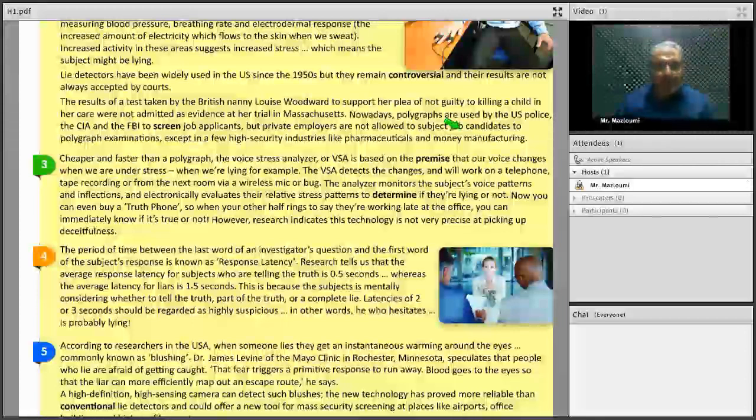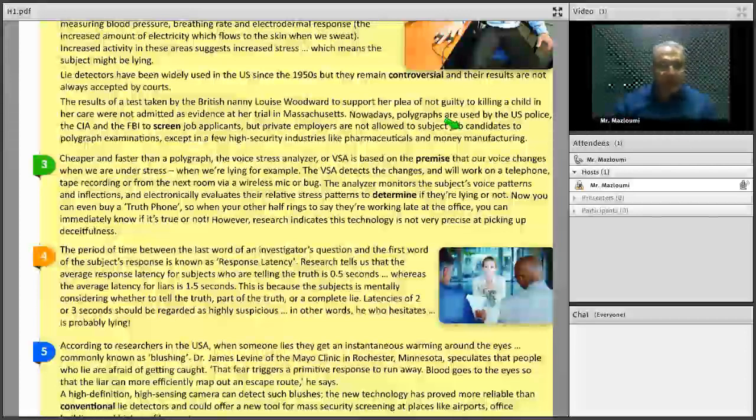So they can't subject the job seekers to polygraph examinations except in a few high security industries like pharmaceuticals and money manufacturing. All right, there's some exceptions here. So they can subject the candidates, but there's some exceptions.